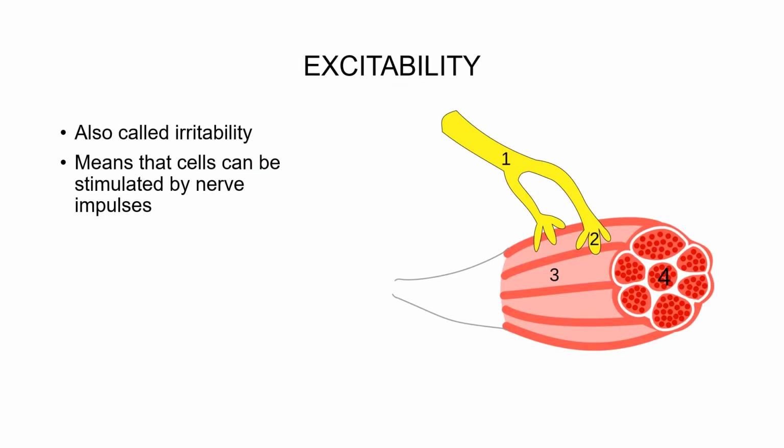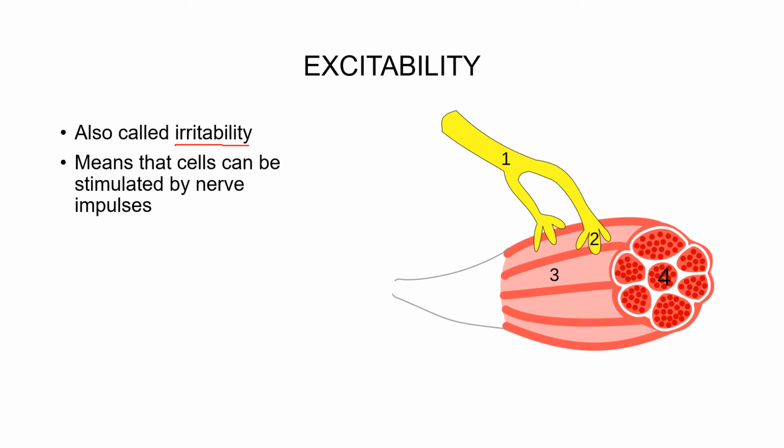So the first characteristic is excitability. And you can see the other name for that is irritability. And all that means is the capability of a muscle cell being excited by a nerve cell. So you can take a look at this picture on the right, a very basic diagram, but this big yellow thing, number 1 and number 2, is the end of a nerve.